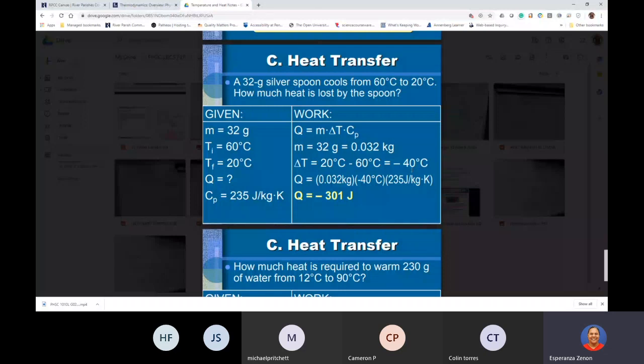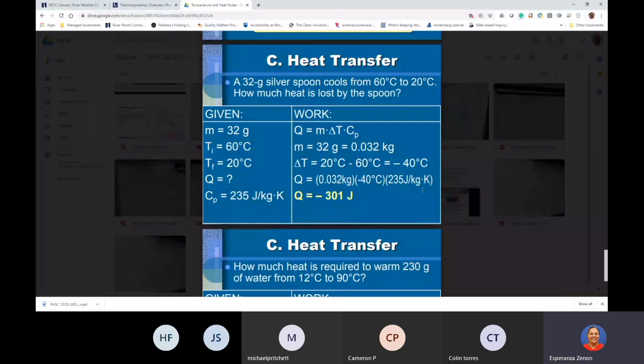Well, a negative 40 degrees Celsius temperature difference is the same as a negative 40 Kelvin temperature difference. And that's important because when we go to solve our problem, if you notice here, the temperature difference is given as degrees Celsius, but the specific heat value is given using Kelvin.